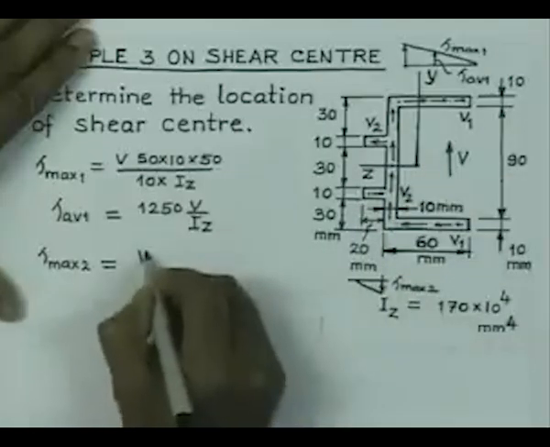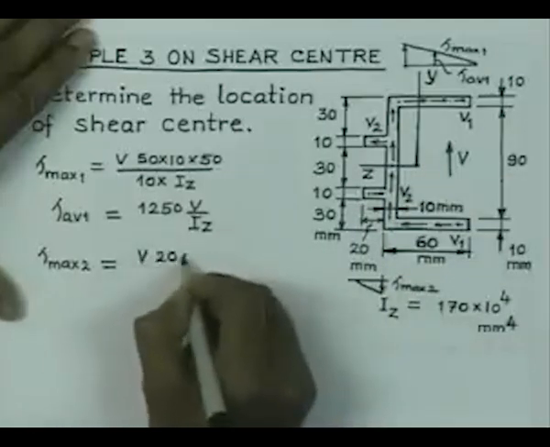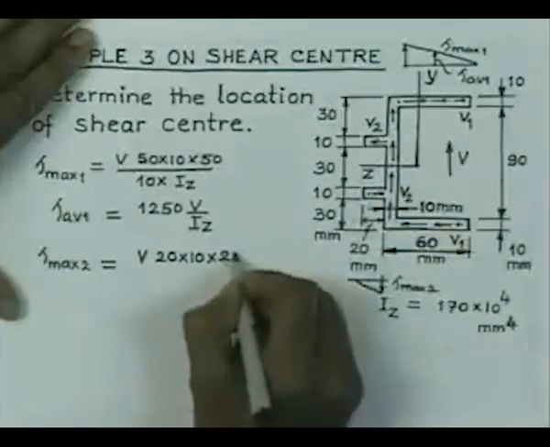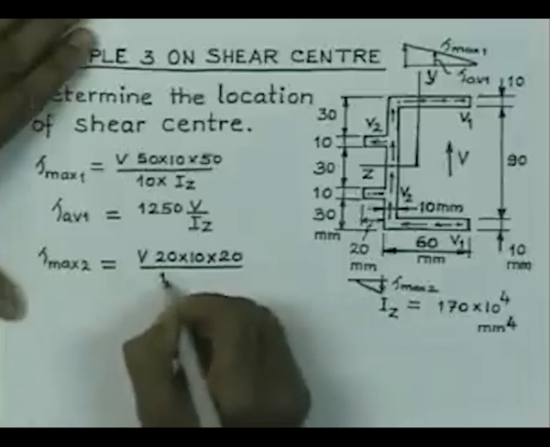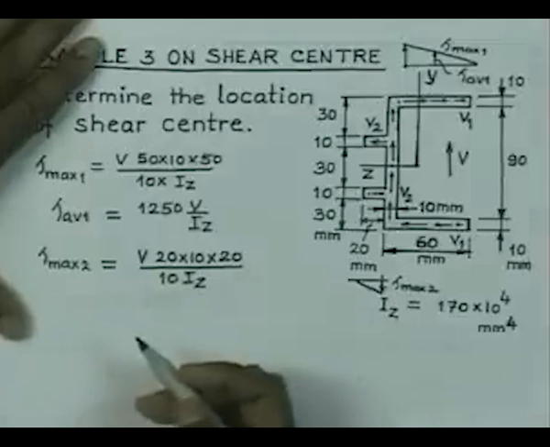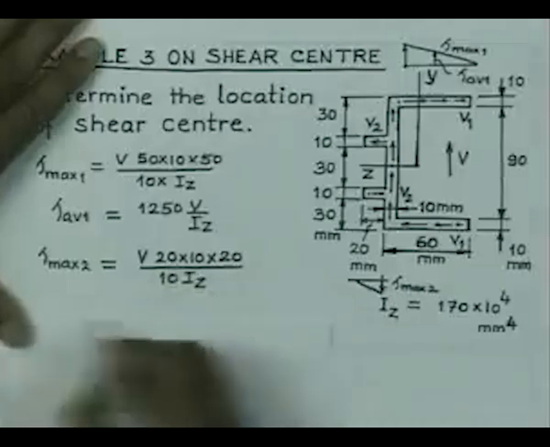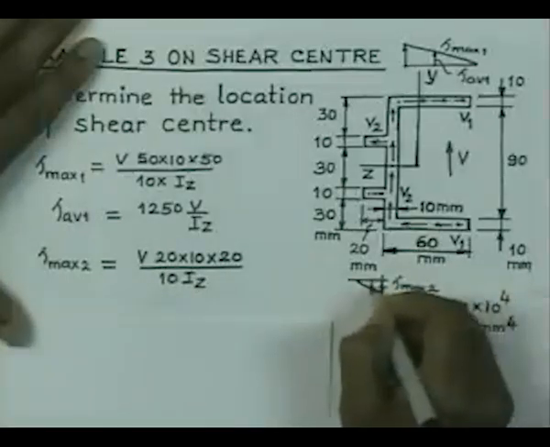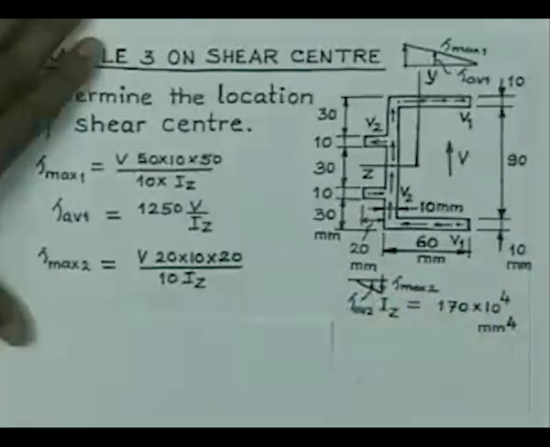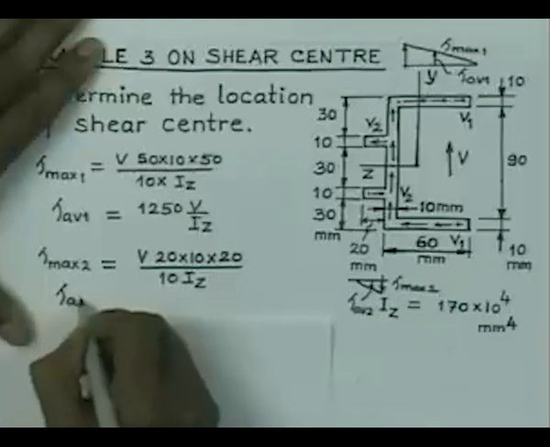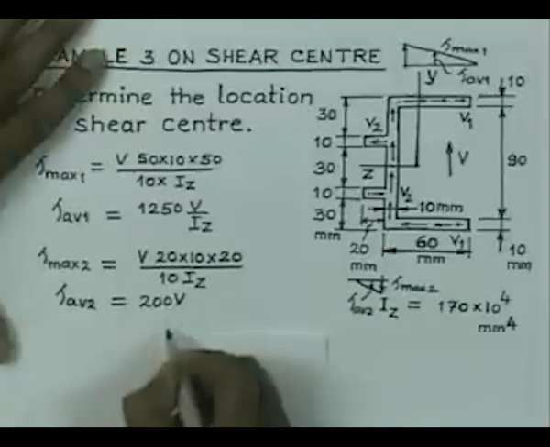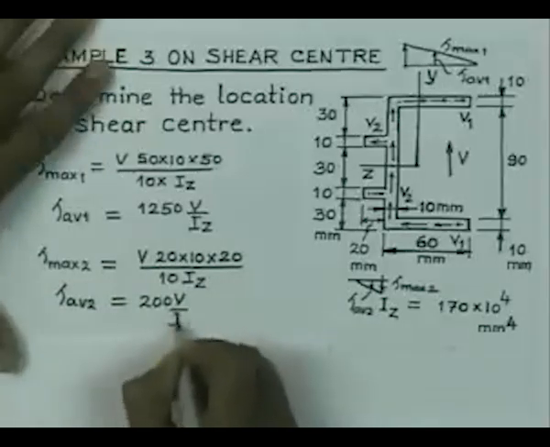So, therefore, the area first moment is 20 into 10 and it is at a distance of 20, wall thickness is 10, I z, and therefore, this is 4000, it is 400 V by I z, and therefore, the average value tau av2, that average is equal to 200 V by I z.